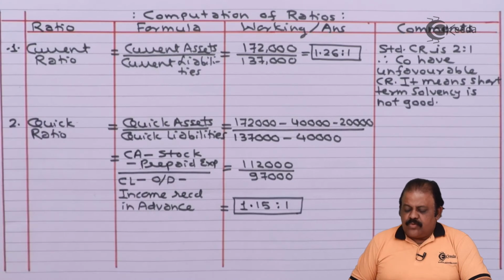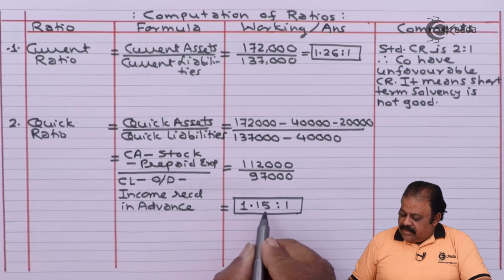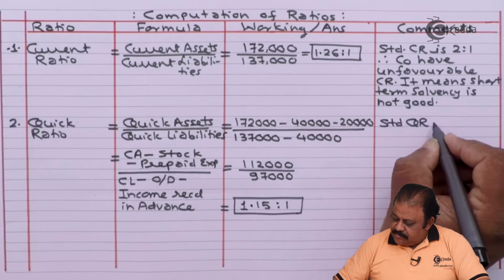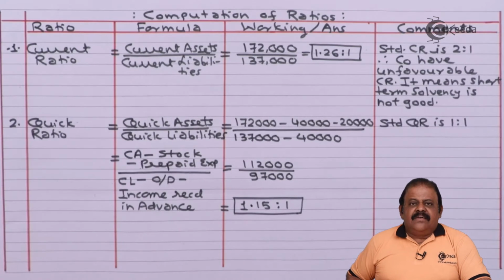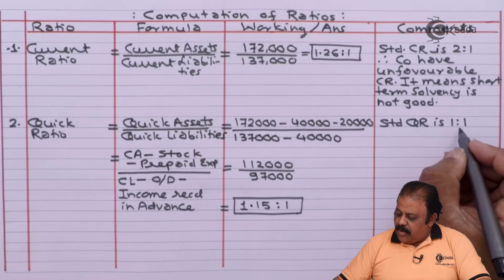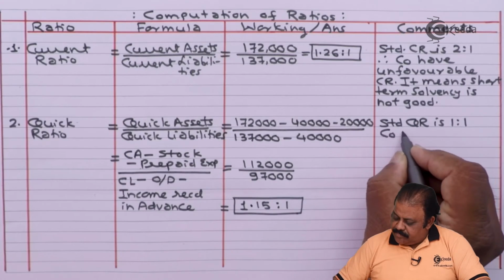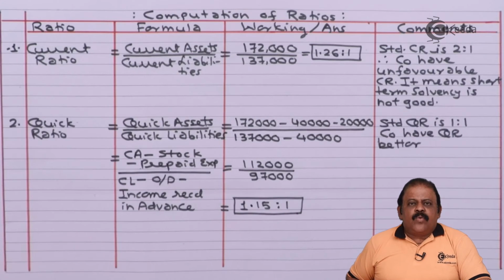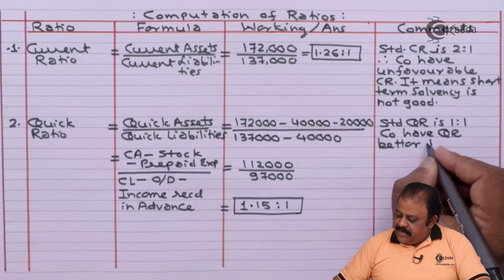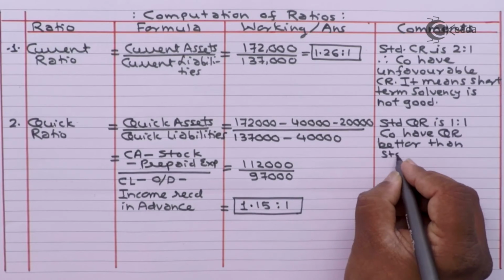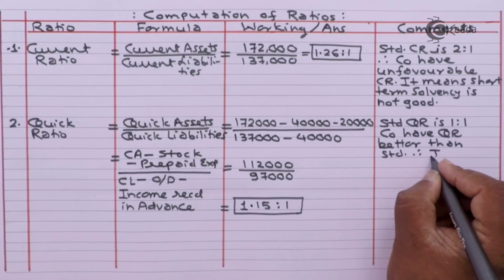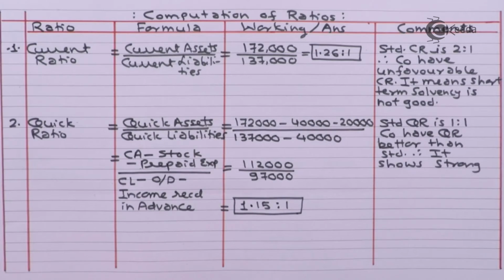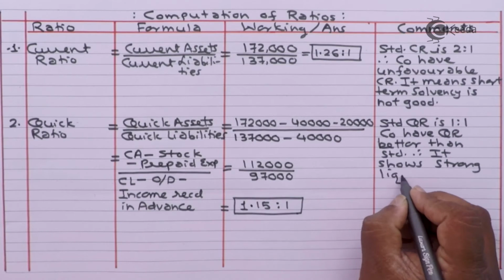Second, we have quick ratio 1.15 is to 1. Standard quick ratio is 1 is to 1. Company has quick ratio better than standard. Therefore, it shows strong liquidity position.